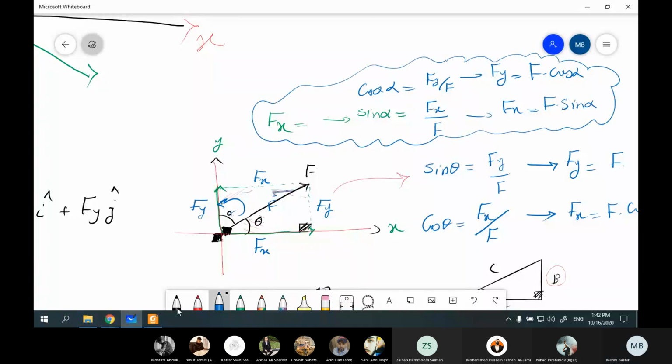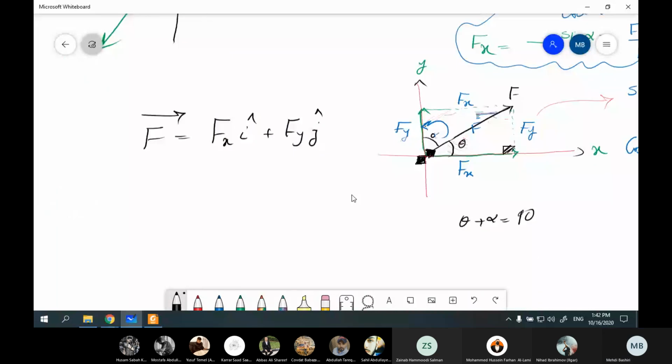So in this case, Fx is F sine of alpha, and Fy is F cosine of alpha.